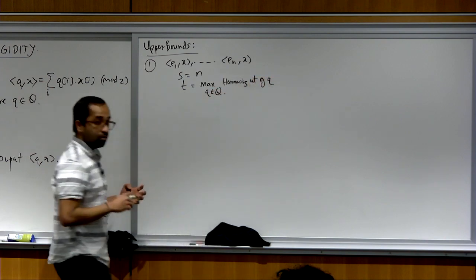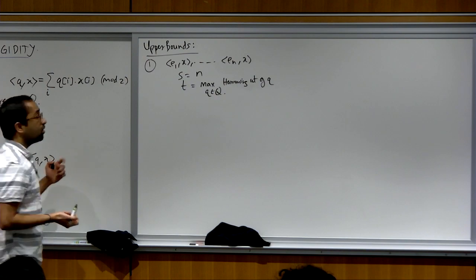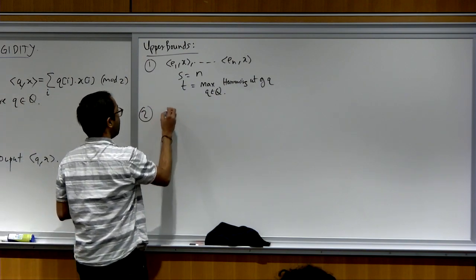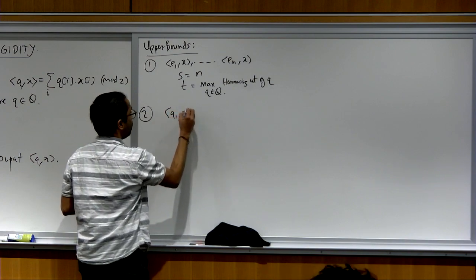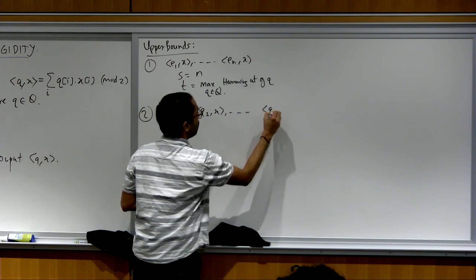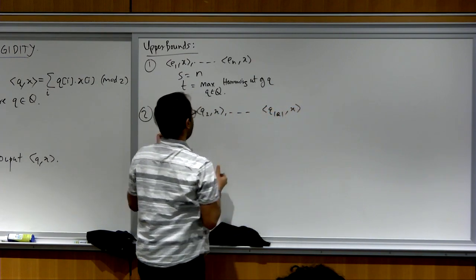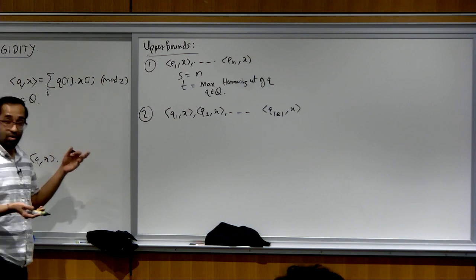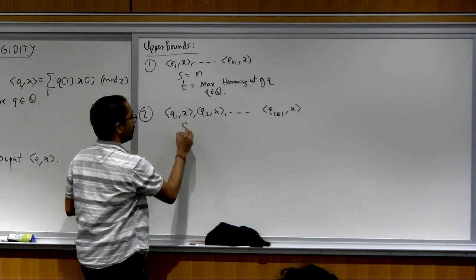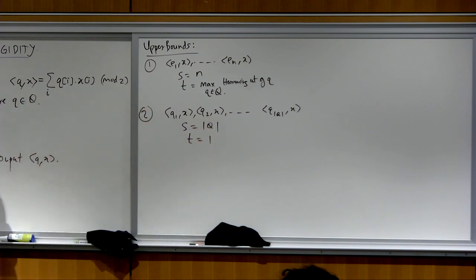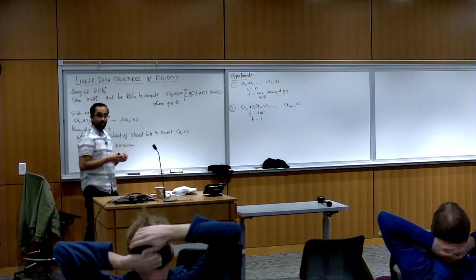Another option is to store q1 x, q2 x, all the way through q_|Q| x, essentially all possible inner products that the query algorithm wants to compute. Here the space is the size of Q, and the time is 1 because you just have to do one lookup. So these are two extremes.